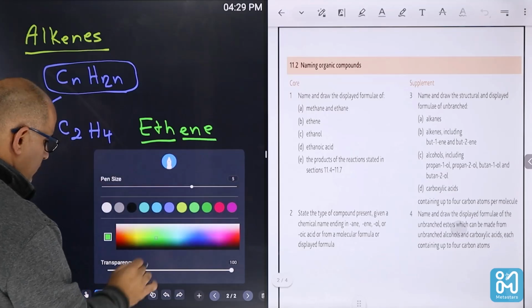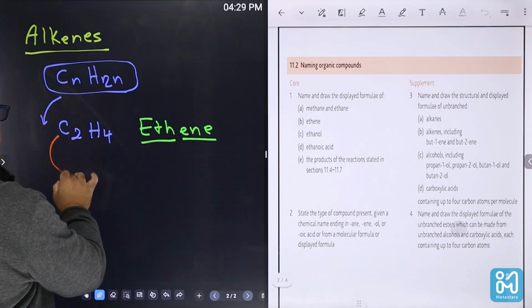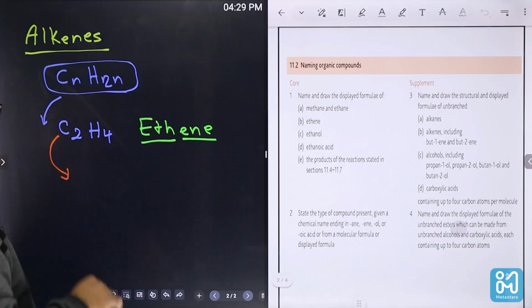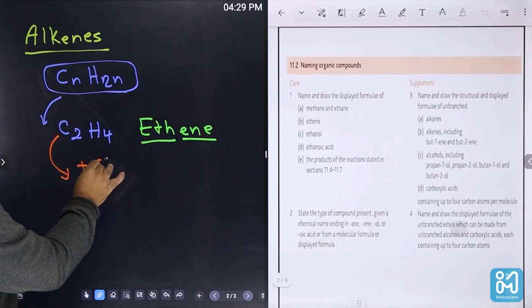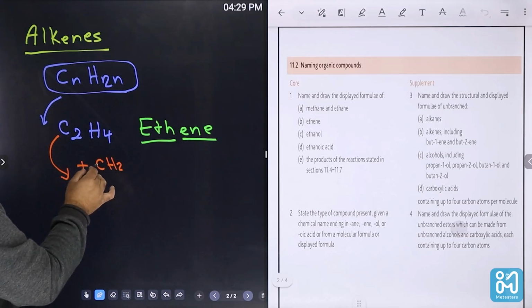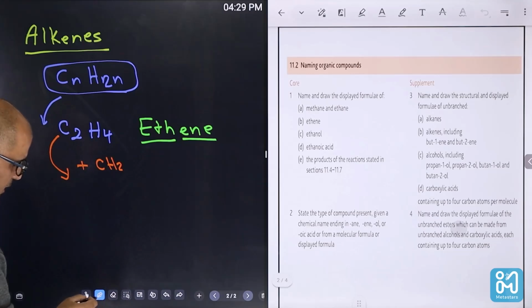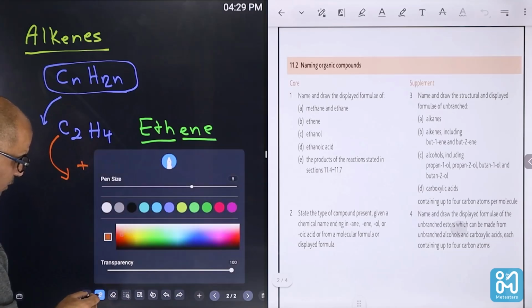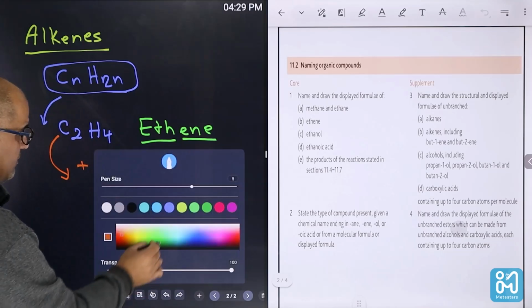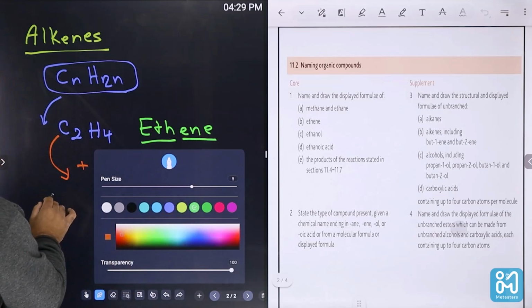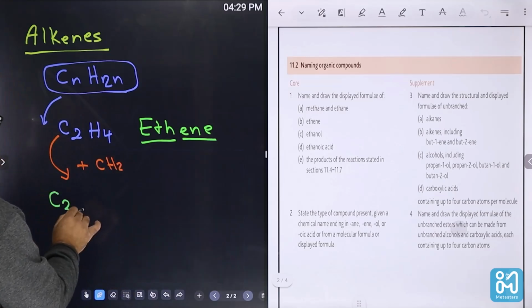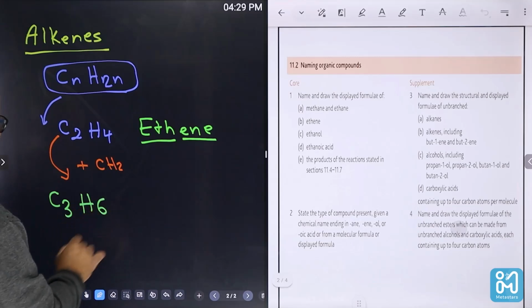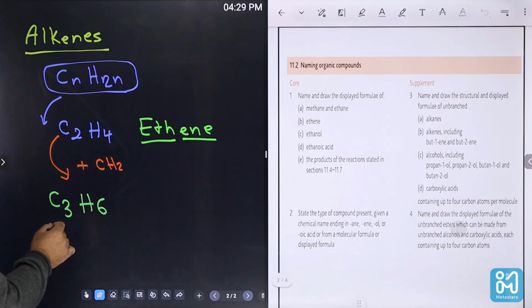I told you before, to create the next alkene, you can add CH2 between the homologs of the homologous series, and the next one is C3H6. That's what is known as propene.